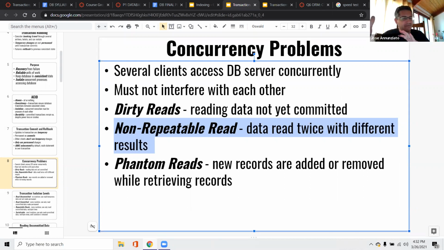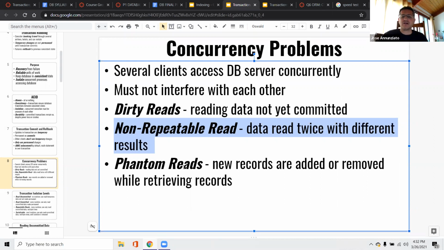So you have to be careful about the way you write your logic, and about what you expect of how the database behaves. Non-repeatable reads are errors where you assume you can read multiple times and always get the same value. So that's one problem.